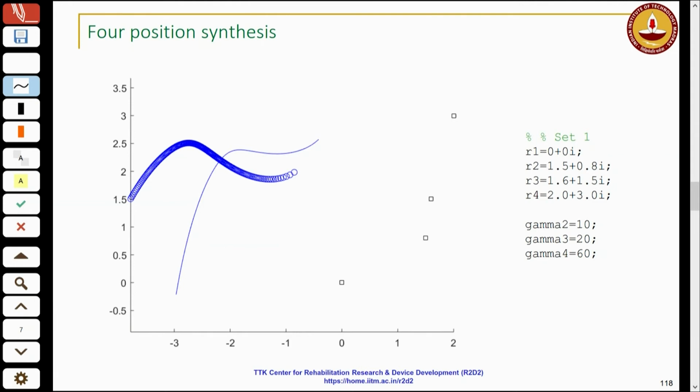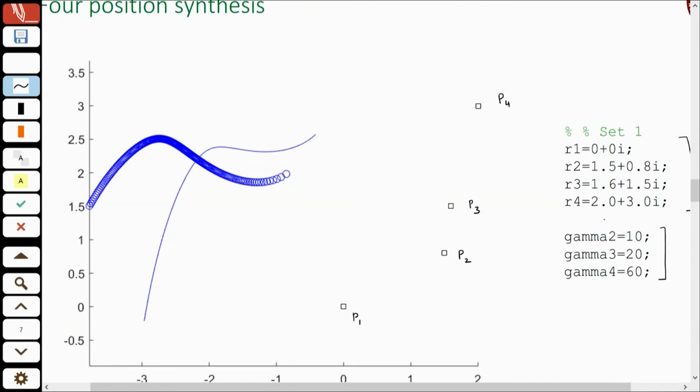So, here for instance, we have these 4 positions P1, P2, P3 and P4 defined by these position vectors, and the orientation of the coupler plane from the first position is also given in terms of gamma 2, gamma 3 and gamma 4.